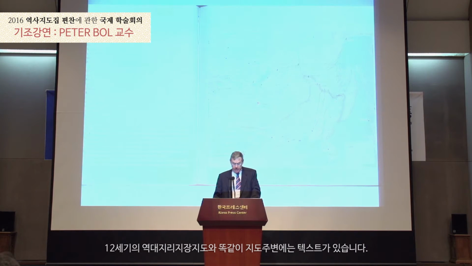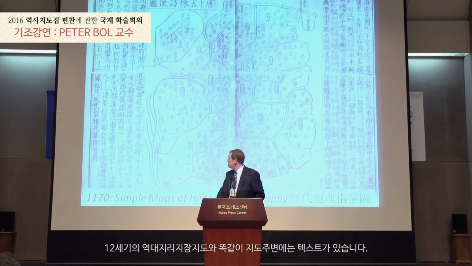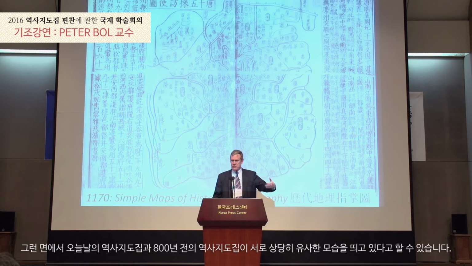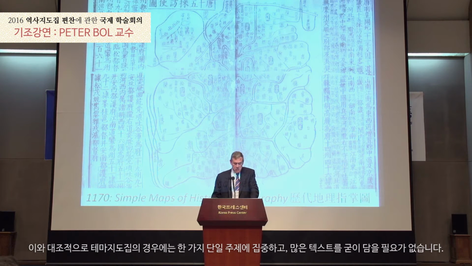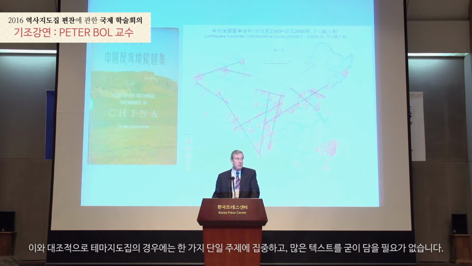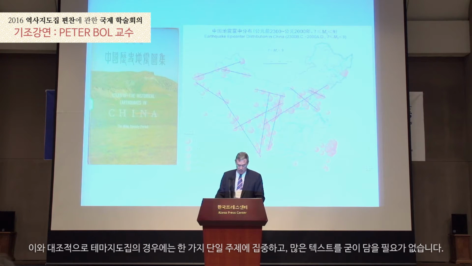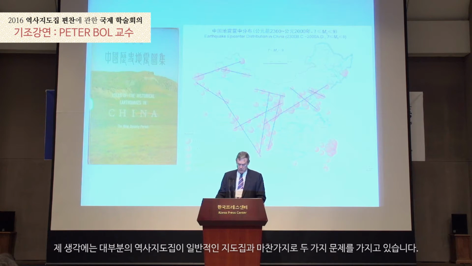Just like the 12th century Chinese historical atlas, they surround the maps with written words. And in that sense, historical atlases today are very much like historical atlases of 800 years ago. In contrast, specialized atlases on single themes do not require much textual explanation, such as the Atlas of Chinese Earthquakes in this case. In my view, most historical atlases, like atlases in general, share 2 common problems.